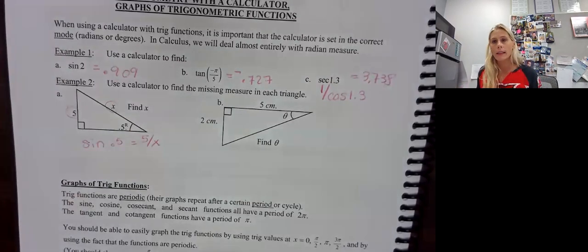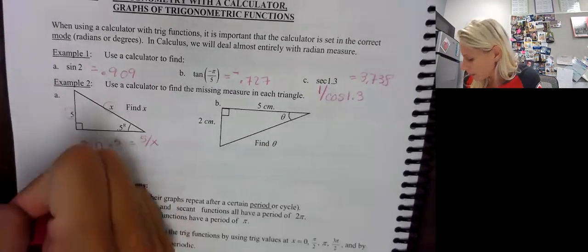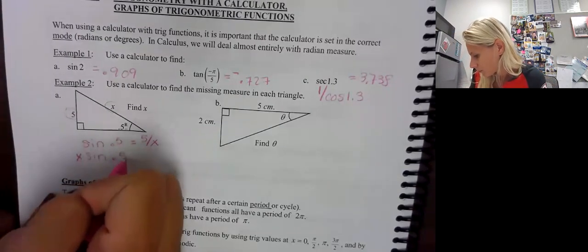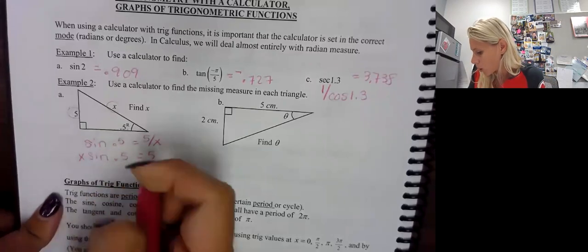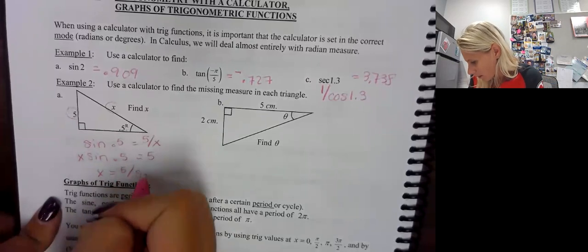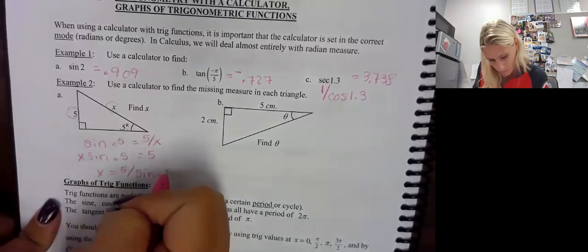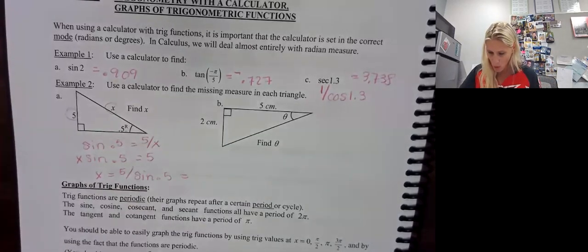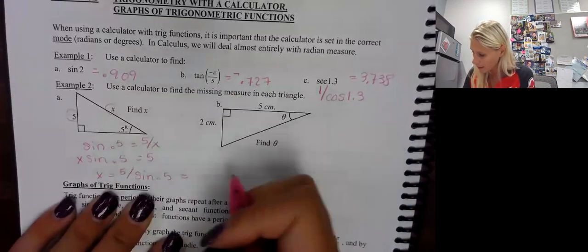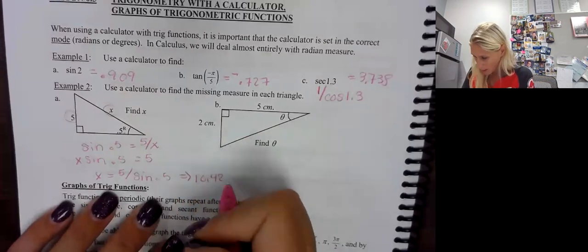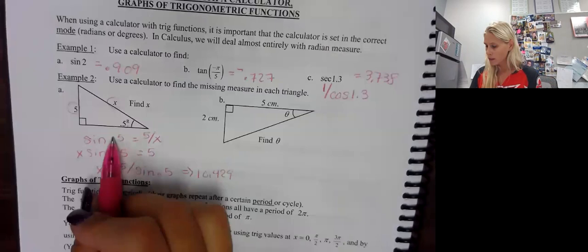Now I'm going to solve for x by using some algebra, and then I'll plug it into my calculator. X is in the denominator, so we have to get that out first. And then we're going to get x by itself by dividing by that sine of 0.5. And then we plug it in our calculator, 5 divided by sine 0.5. And we get the value of 10.429.